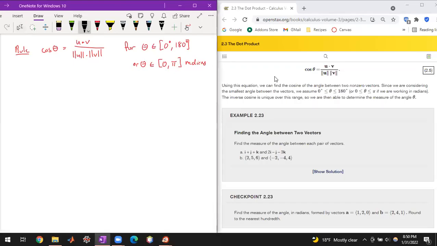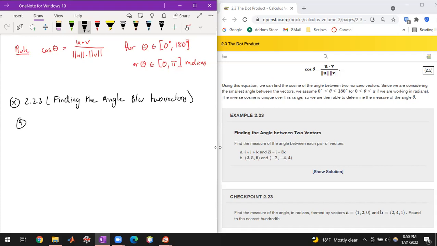All right, so in example 2.23, we're talking about finding the angle between two vectors. Let's find the measure between each pair.